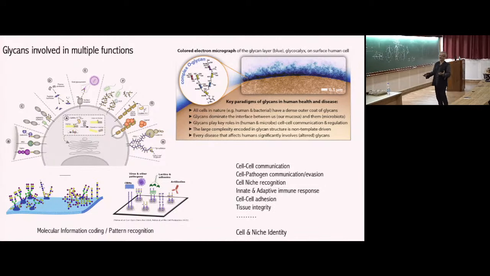They display to the outside world a molecular information coding. And so there is some pattern recognition that needs to happen from one cell to the other, from a pathogen to the cell, and so on. I'm using these words intentionally so that I trigger some excitement in you to bring in new ideas coming from information theory.